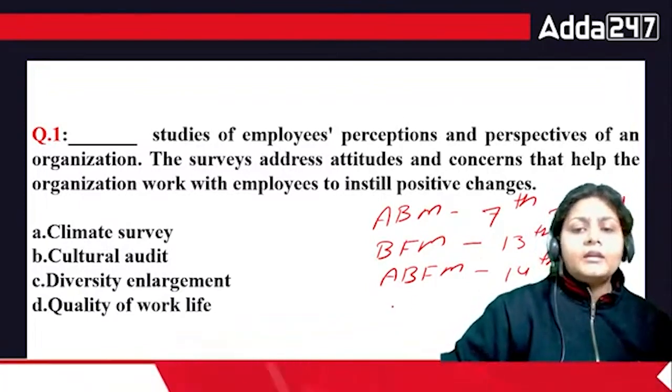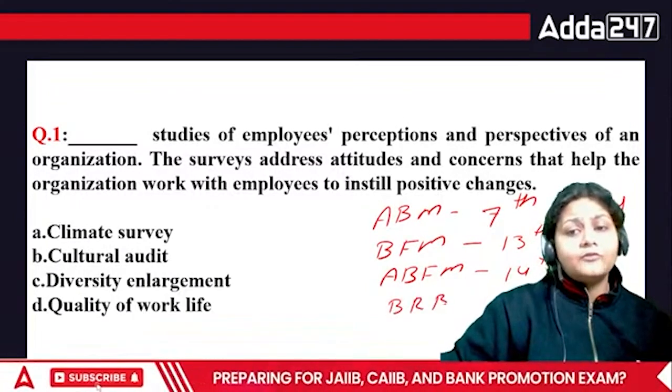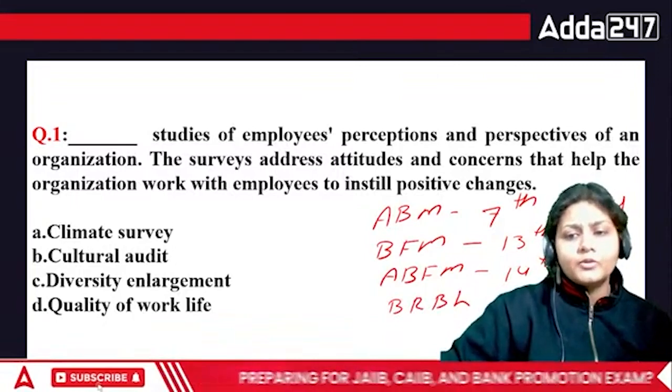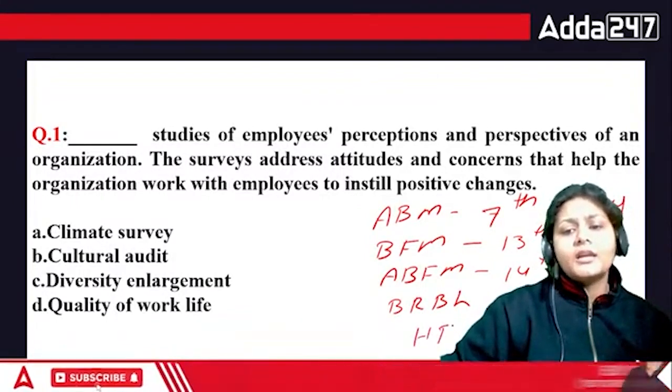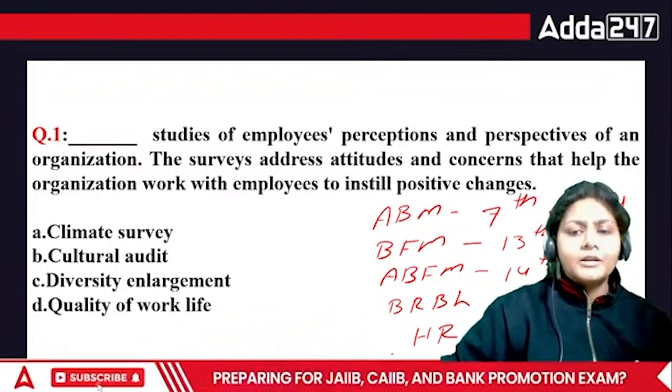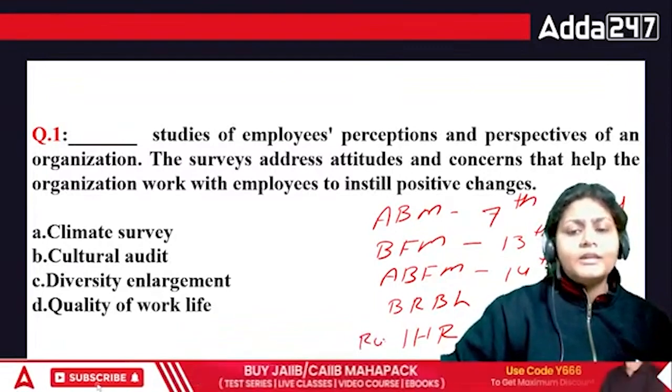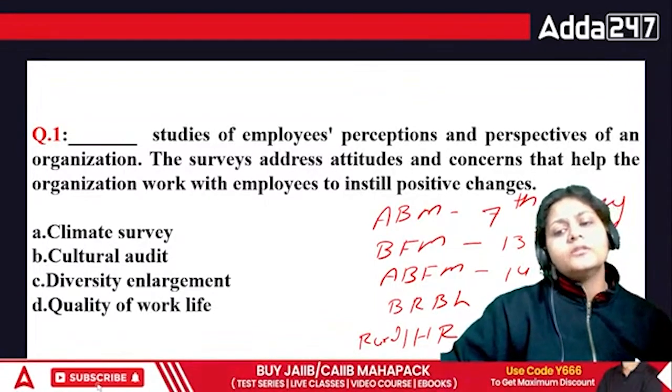You have BRBL, so you will get a full week for BRBL, on 21st July. Then the last exam, HR elective, will be on the 27th. So HR, rural and all the elective papers will be on the 27th.